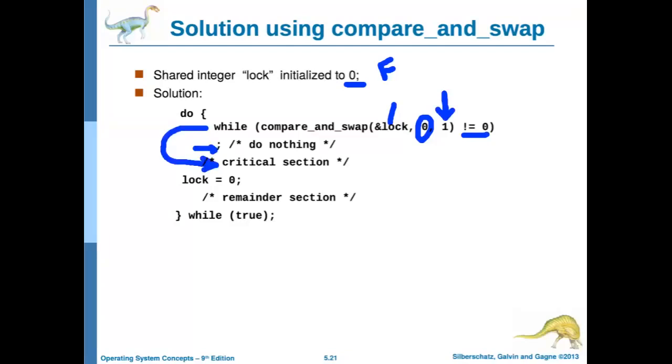Once you're done using the critical section, set the lock to 0. So exactly the same thing we are doing, just you need to replace 0 with false, 1 with true. Then it is the same as your test and set.